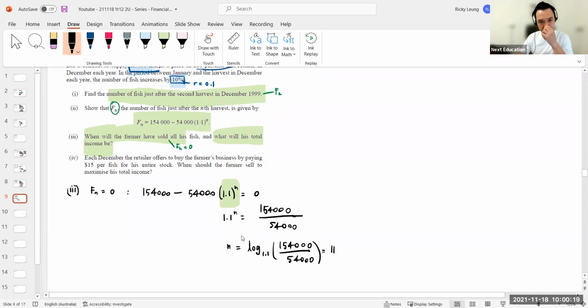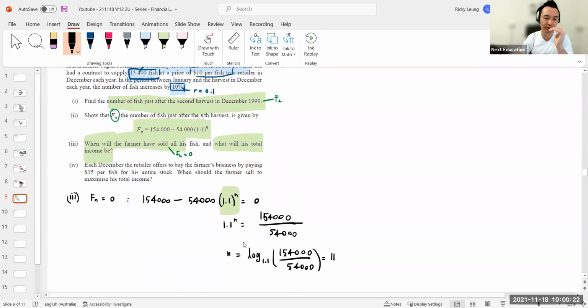Now, the question really here comes back to, what will his total income be? Keeping in mind, every year he sells his fish, he sells 15,400 fish for $10. So therefore, income is always 15,400 fish times $10, and then times the number of years that he does it.